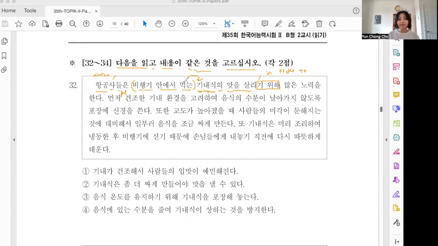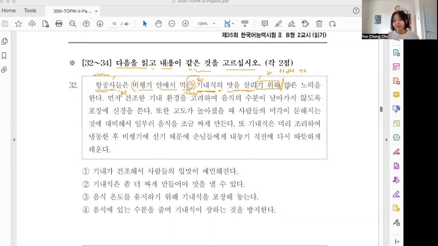So this parenthesis modifies 기내식, in-flight meals. 항공사들은, the airline companies, in order to make delicious the in-flight meals that we eat in the airplane. 는, this is the relative pronoun that modifies the following noun, which is 기내식 here, and 는 is for the present tense.